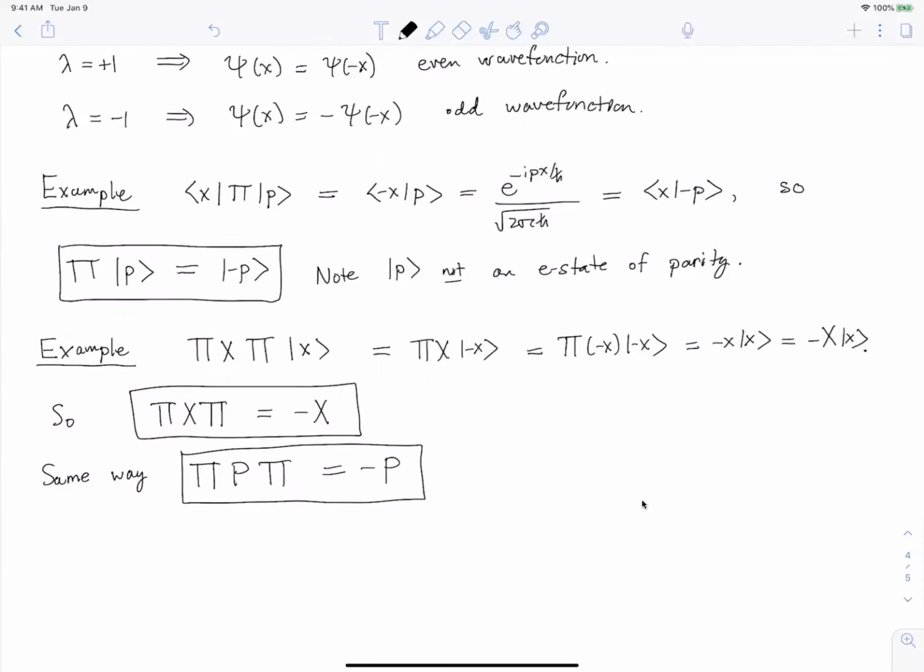Okay, so that's true for x and p, and we describe this by saying in words that the operators x and p are odd under parity.